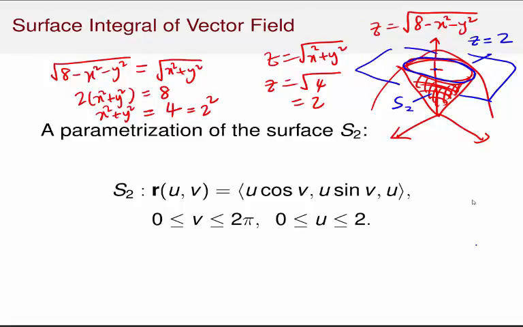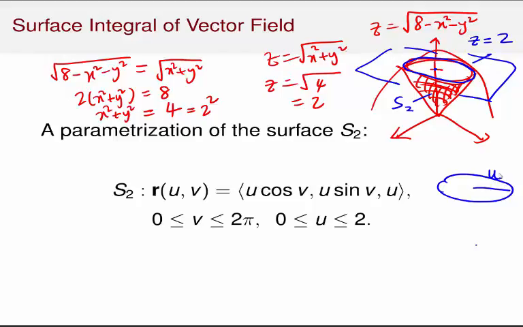One way is to think of S2 as a collection of circles with different radii. Imagine we have a circle of radius u coming from the surface S2. Then notice that the height of this circle from the xy plane is also u, because z is equal to the square root of x squared plus y squared.